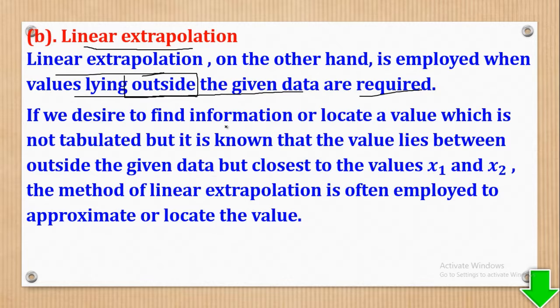Therefore, if we desire to find information or locate a value which is not tabulated, but it is known that the value lies outside the given data, but closest to the values, note this word closest. This word is very vital. Closest to the values x1 and x2, the method of linear extrapolation is often employed to approximate or locate the root.